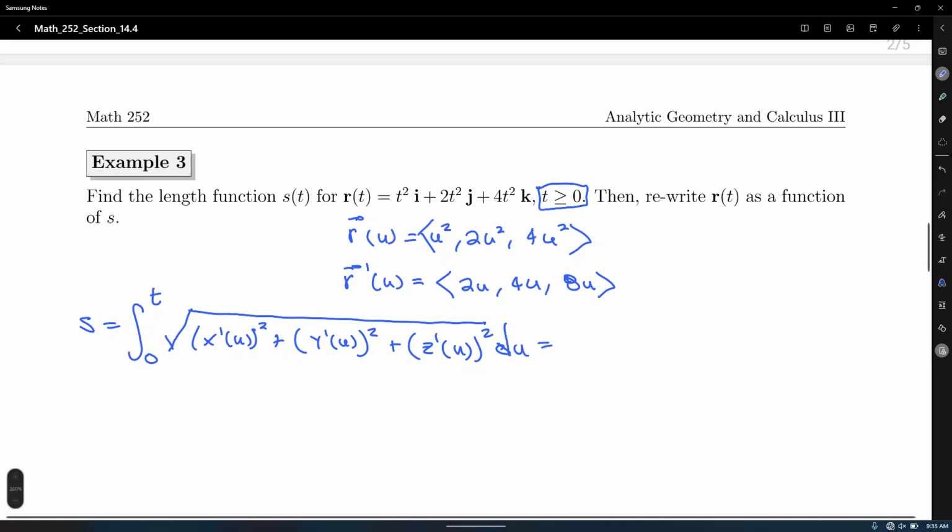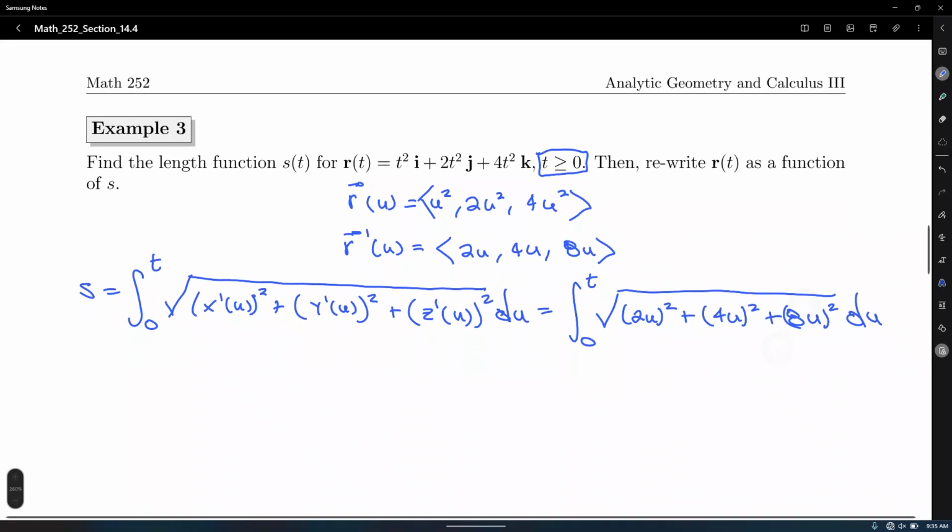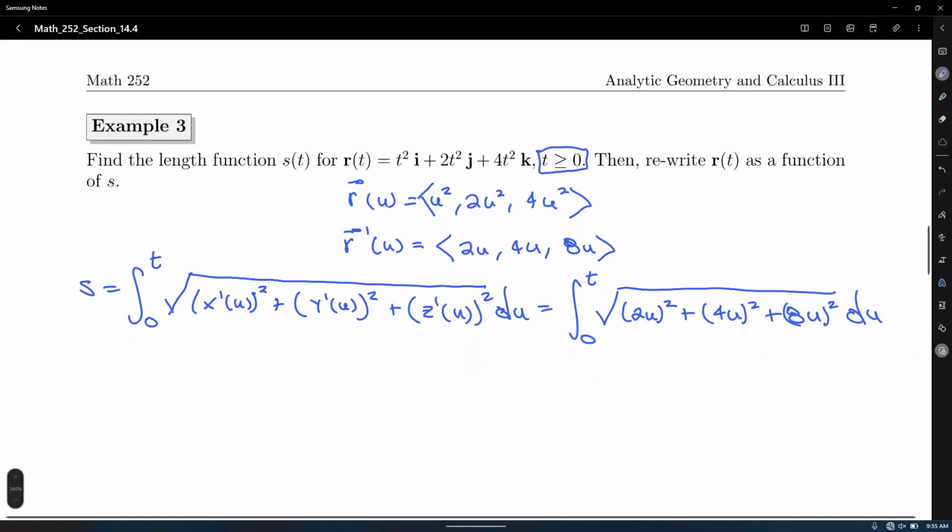du. That is the integral from 0 to t of the square root of 2u squared plus 4u squared plus 8u squared du. So let's simplify this. The integral from 0 to t to s, that's the square root of 4u squared plus 16u squared plus 64u squared.